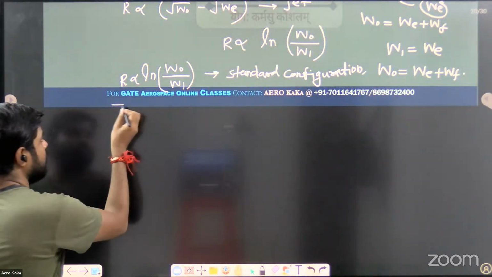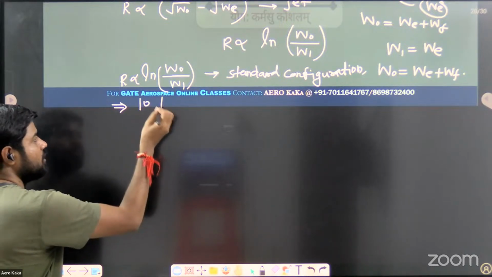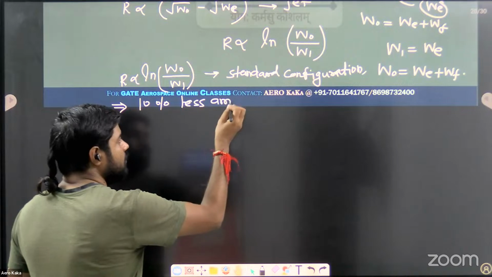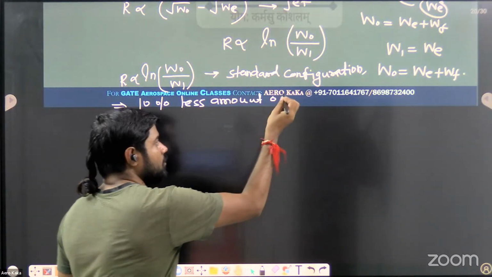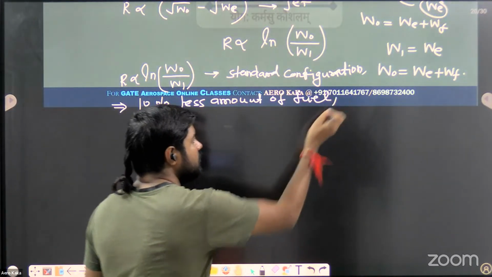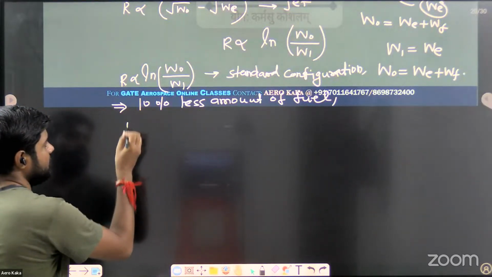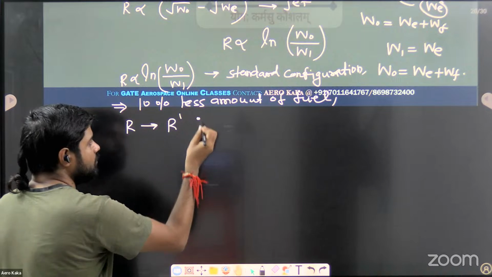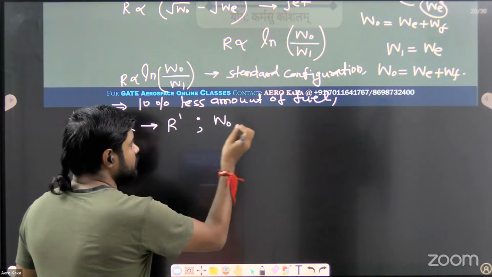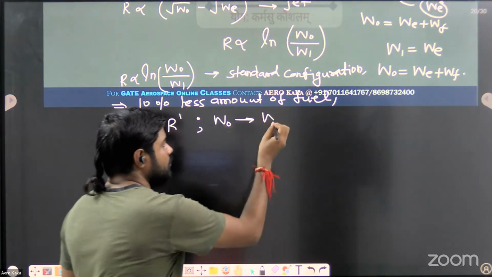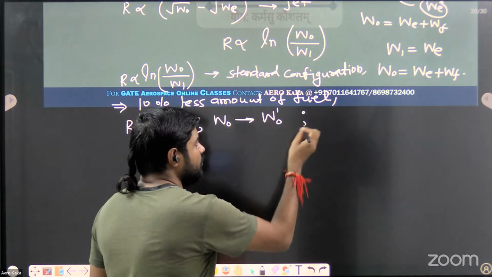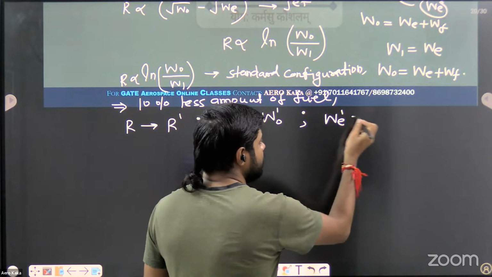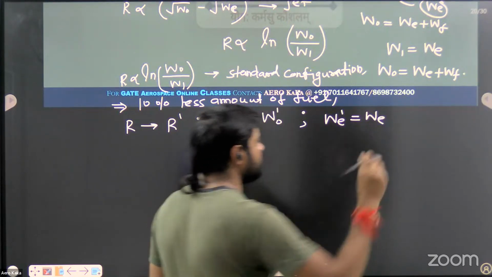Now, let's say it carries 10% less amount of fuel, same procedure. Then the range of this aircraft, let's say it's R prime. Overall weight of this airplane, let's say it's W0 prime. And obviously, in this case, WE prime is nothing but WE only. It is not going to change.